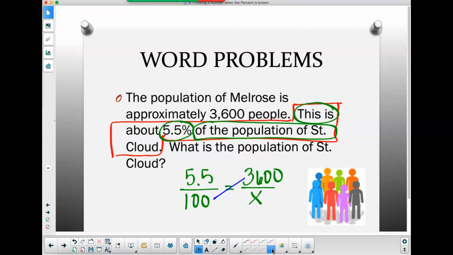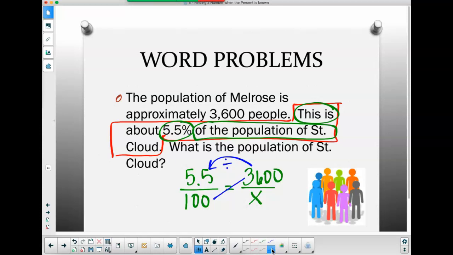Multiply the numbers on the diagonal, 100 times 3,600 divided by 5.5. Do I want a decimal here? What do you guys think? Can my answer be a decimal? We're talking about people. Can we have a partial person? No. Even if you're missing like a finger or something, you're still a whole person, right? Even if you're missing an arm or a leg, you're still a whole person.